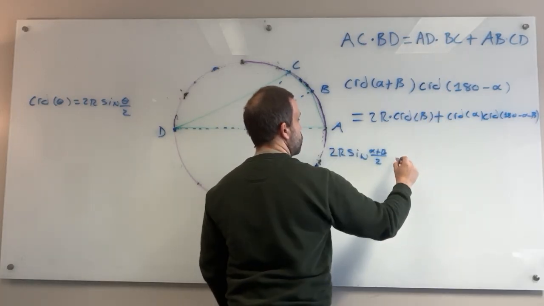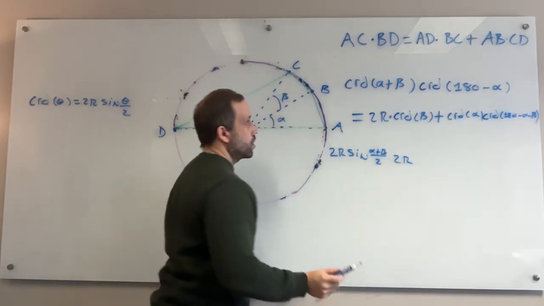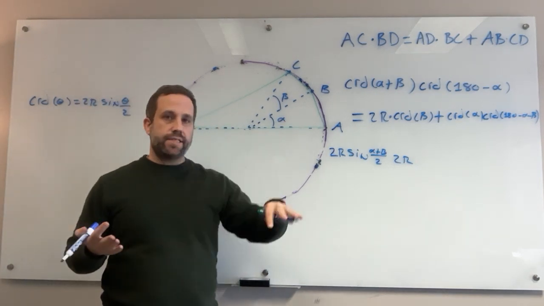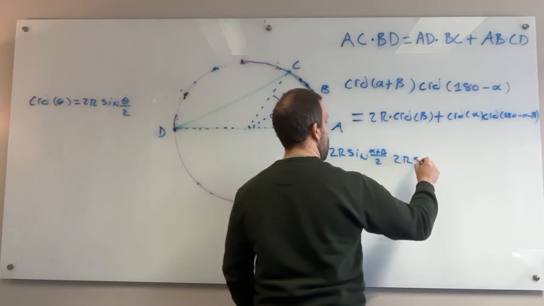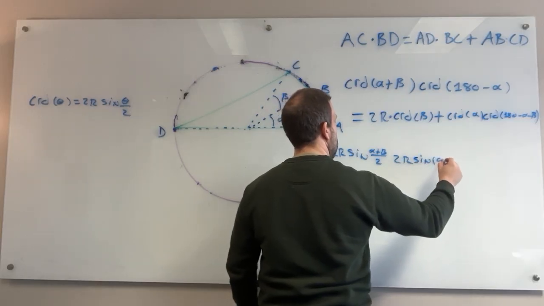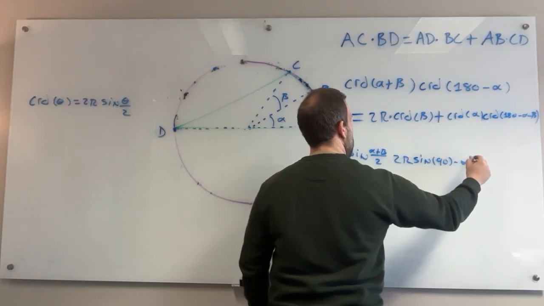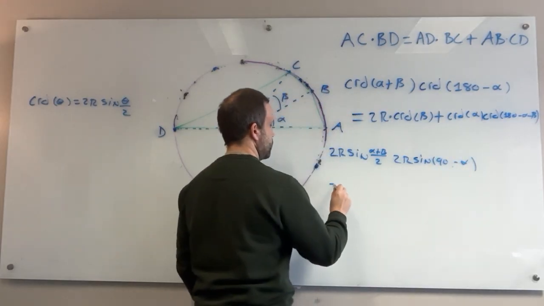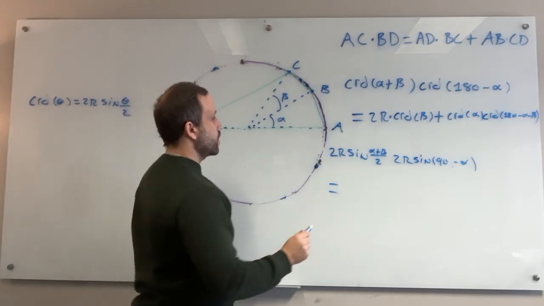And then that chord, it's going to be 180 minus alpha, so it's going to be 2r sine of 180 minus alpha over 2. So that's going to be sine of 90 minus alpha. Now on the right-hand side we're going to have 2r.